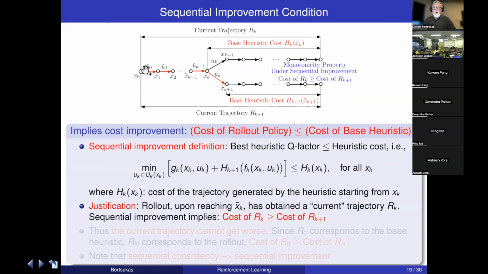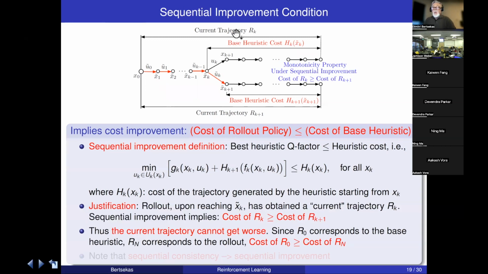Therefore, the cost of the trajectory Rk is greater than the cost of the trajectory Rk plus 1 because the two of them share this common initial portion. So according to the sequential improvement property, the cost of Rk is greater than the cost of Rk plus 1.